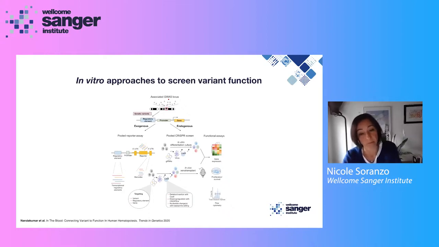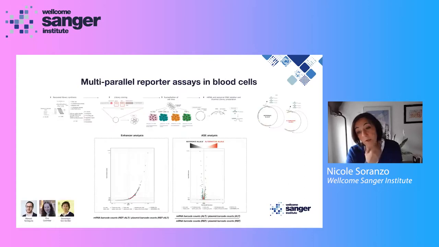And this is just a very beautiful summary of some of the main approaches available for blood in a recent review. In this case, through work particularly of Manuel Atardaglia, who was a postdoc in my team, together with Yves Kumber and Dominique von Schiller, we were able to develop a multi-parallel reporter assay to begin to probe some of these associations in reference cell types that are effectively hematopoietic stem cell types.